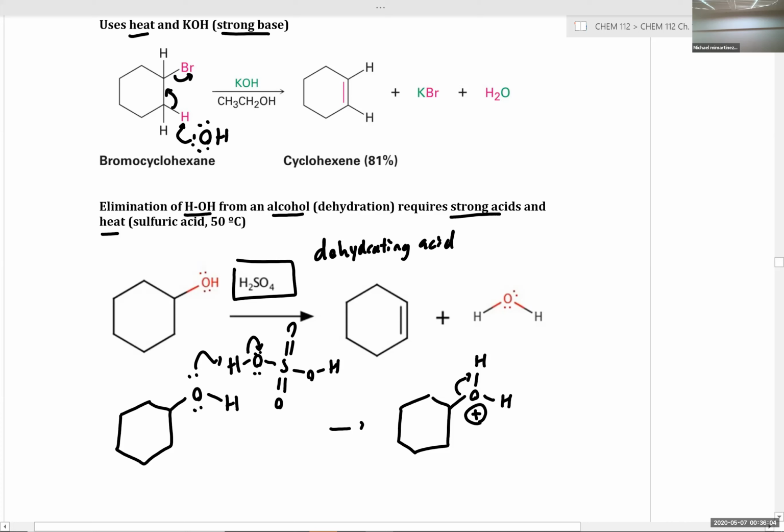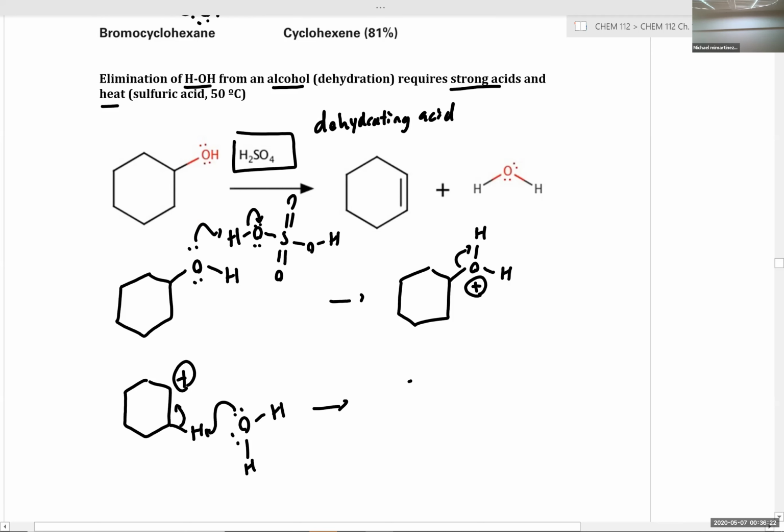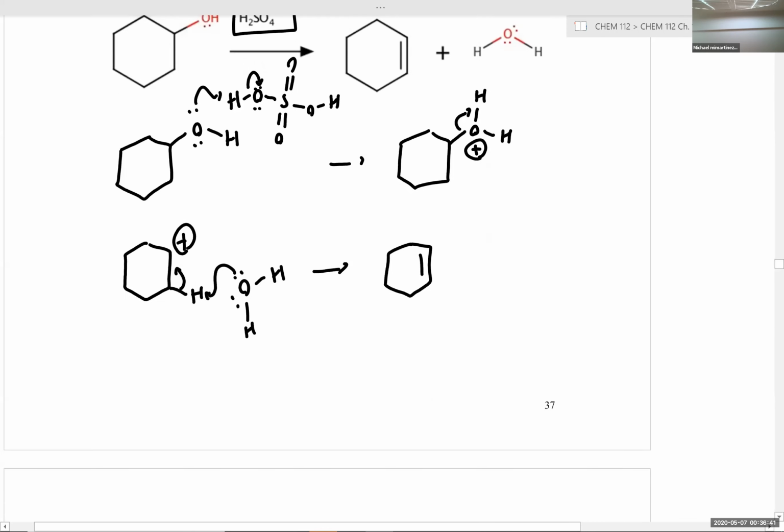Then our alcohol is going to leave to generate our carbocation. And then finally, our solvent or another weak base will remove our proton and we eliminate to generate our alkene. We'll focus more on these mechanisms in later chapters. I'm just showing you the mechanisms now for your reference. So these are how we make the alkenes that we use for a range of derivatization reactions.